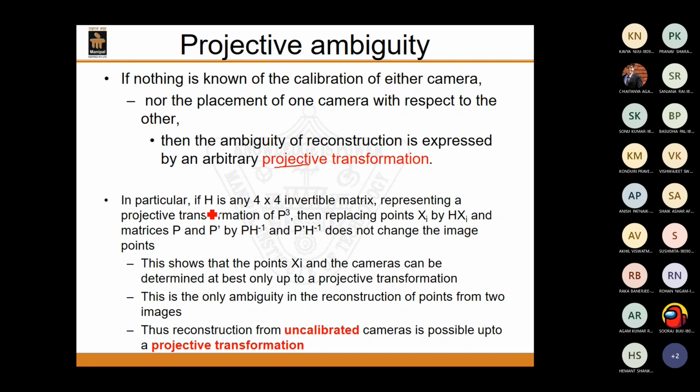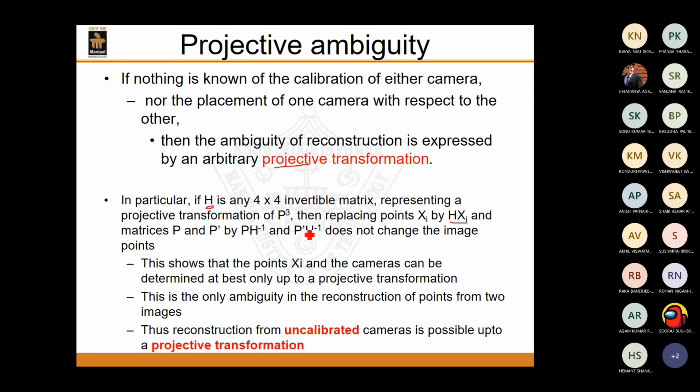So if H is any projective transformation matrix that you have, then when we apply the projective transformation on the points, we can represent it as HXi, and when we apply it on the camera matrices P and P dash, that becomes PH inverse and P dash H inverse, right?